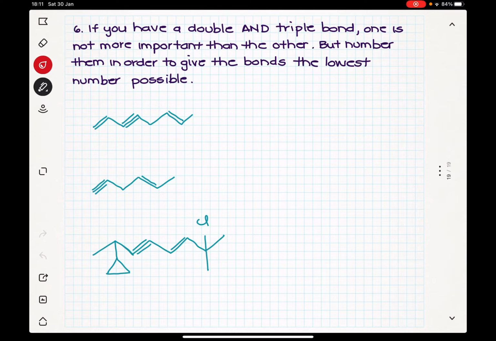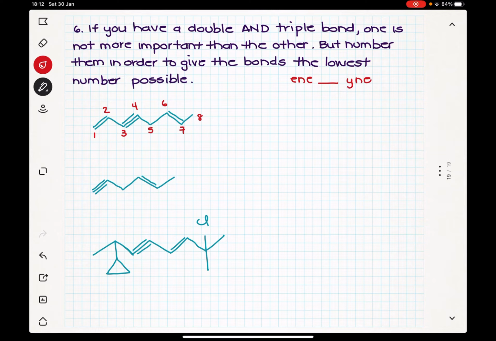For example, in this case, I have 1, 2, 3, 4, 5, 6, 7, 8, because the double bond in carbon 1 is the closest to the end. The name "ene" comes before "yne", and that's because of the alphabet.